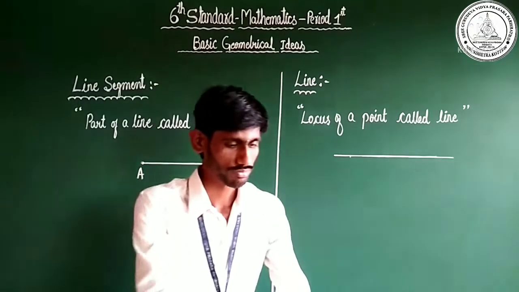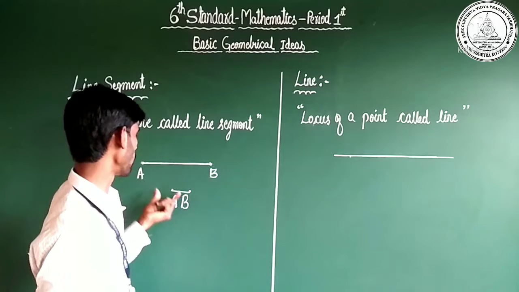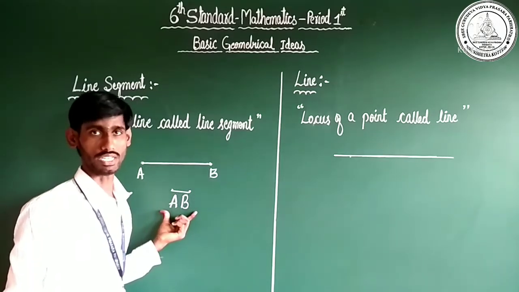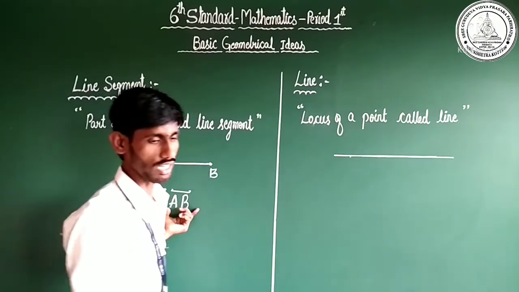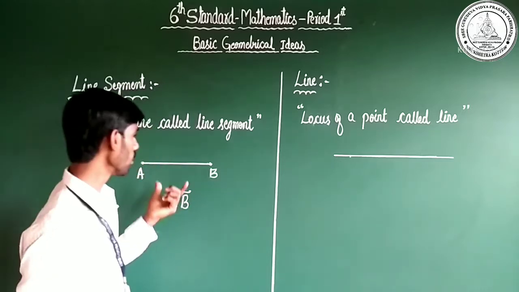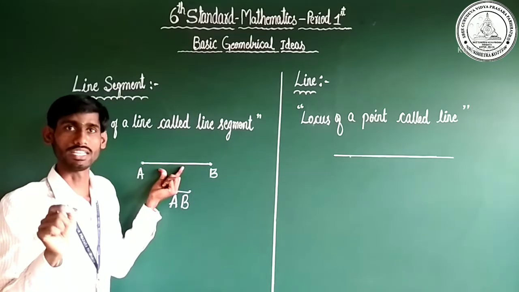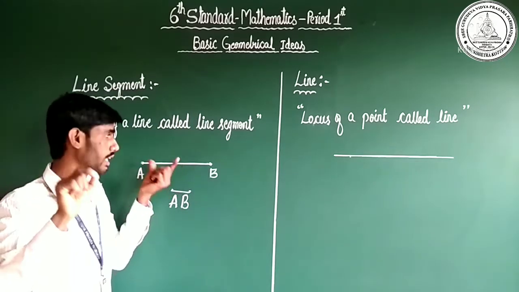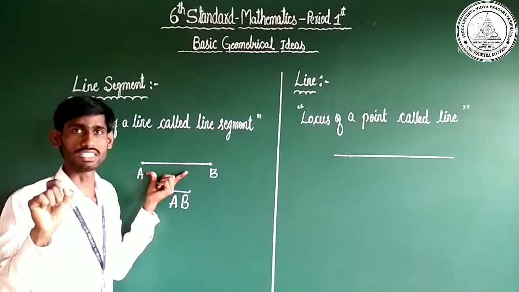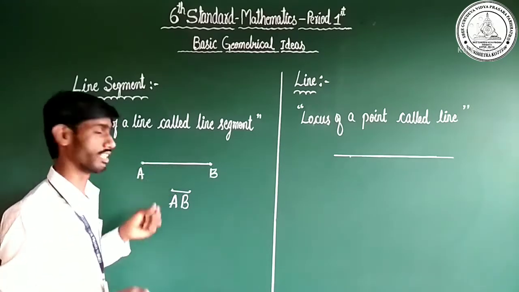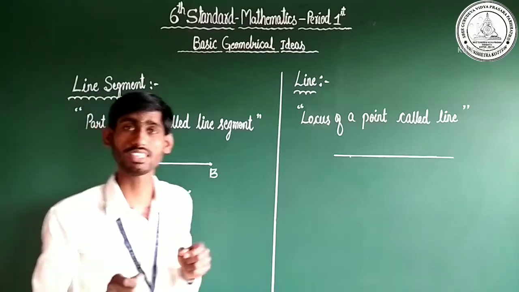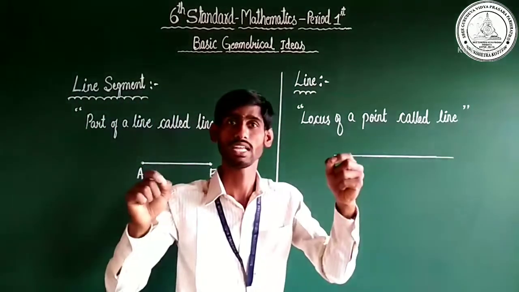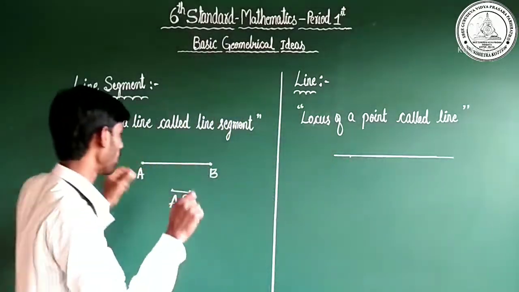Dear children, you may represent a line segment by any English capital letters. And it has a fixed length. Point to be noted: a line segment has a fixed length. What is the meaning of fixed length? We are able to measure the length with the help of a tape.